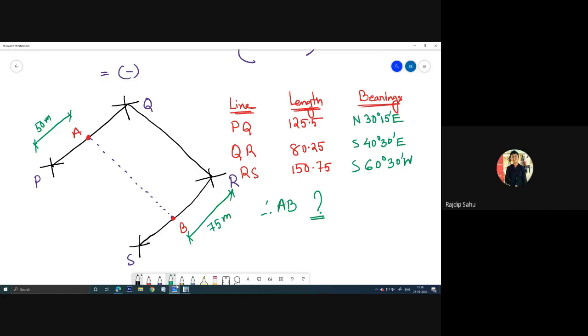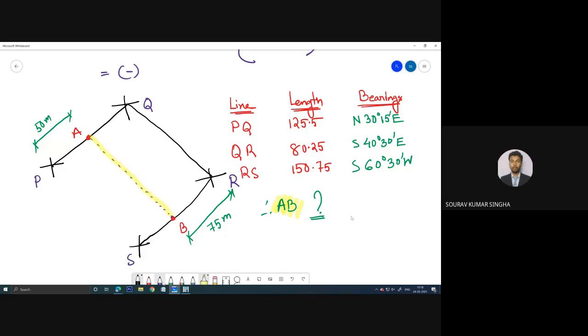Okay. Now, look, remember, in the question it is asked to determine the length of AB. Is that clear to everyone? Only the length of AB is asked, that means determine this particular length only.